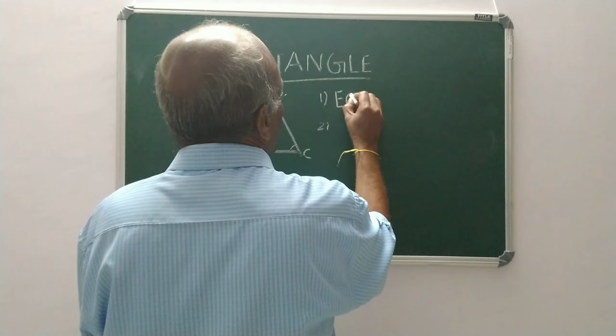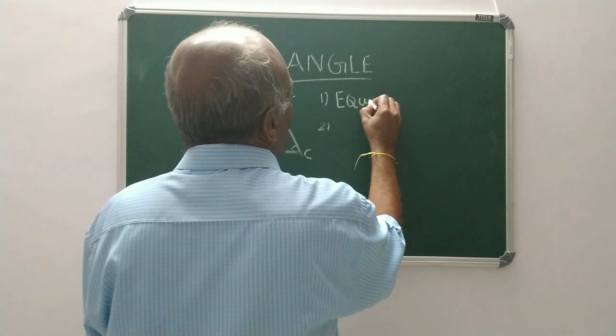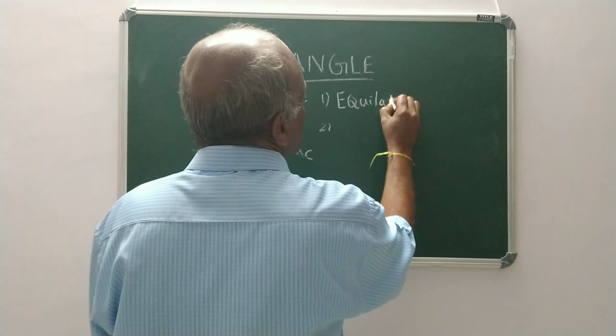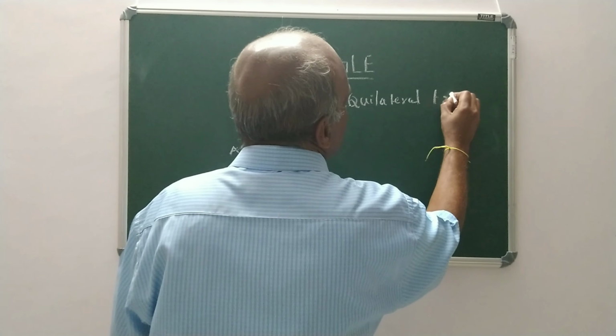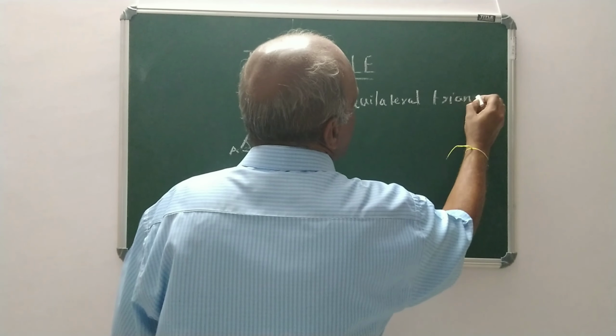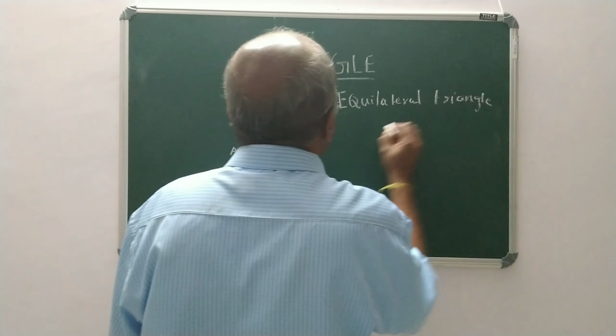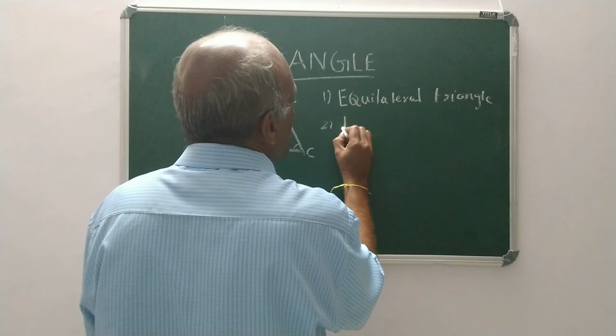The first type of triangle will be the equilateral triangle. The second one will be the isosceles triangle.